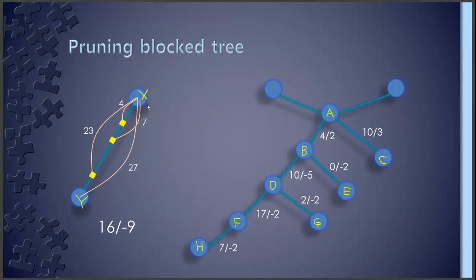Now imagine you are at node X. If you visit node Y and come back, you will lose 9 points, like this. 45 minus 54 is minus 9, and I write this at the left. Now, what if we just go and take points and come back? How many point cells would you take?